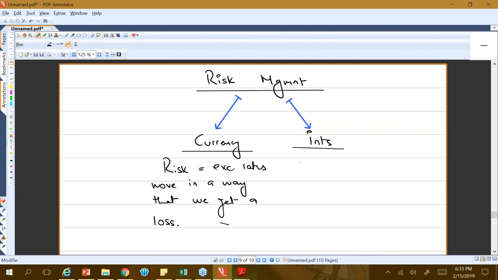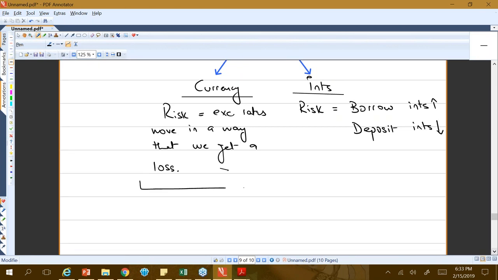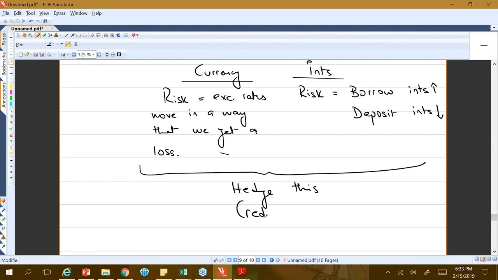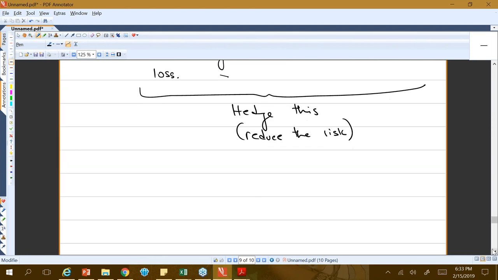And in the interest rate, the risk is that in borrowing scenarios, the interest rate will go up, and in the deposit scenarios, the interest rate will go down. And what we are going to try and do here is we are trying to hedge this. And the word hedge means to reduce the risk.